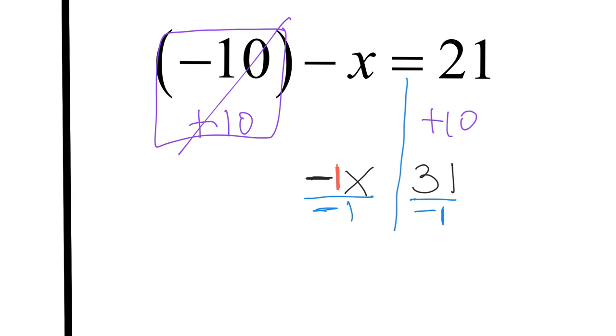You have an invisible 1. So when you divide negative 1 by negative 1, that turns into a positive 1. We don't need it. You just bring down the x. On the other side, we have a positive 31 divided by negative 1, and that's going to be a negative 31.